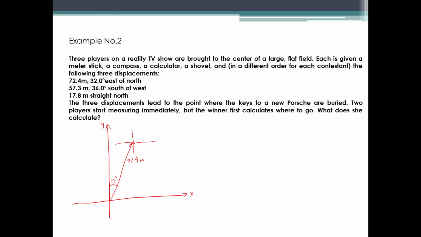Next, 36 degrees south of west. So, where is that? South of west. So, west is left, right? Go south, this is your west. Go south, then 36 degrees. So, from there, you go down 36 degrees, toward the south.